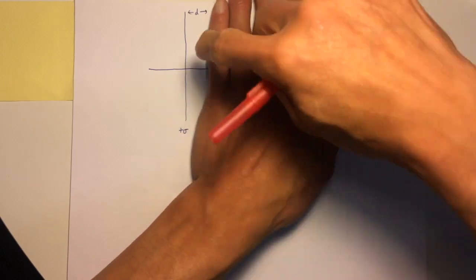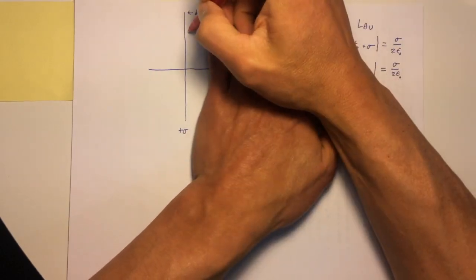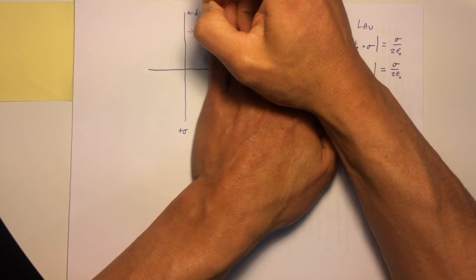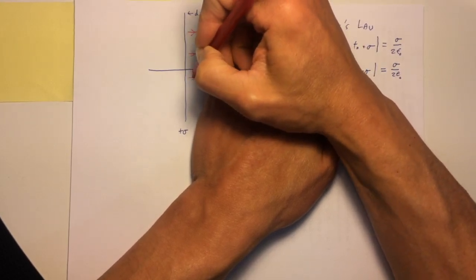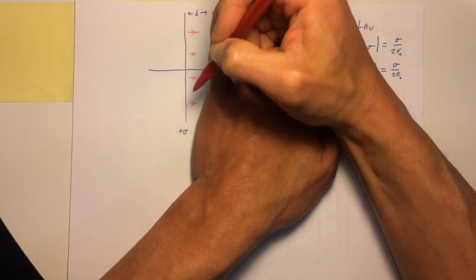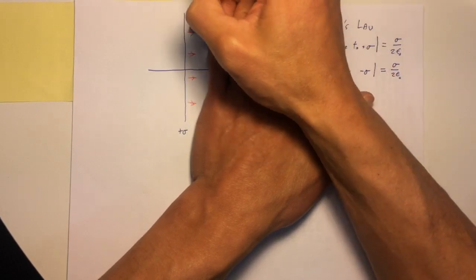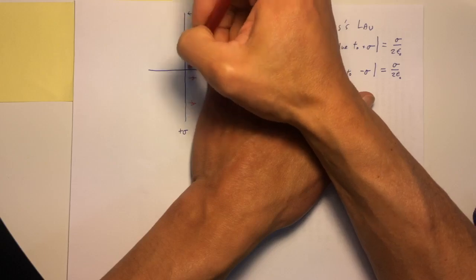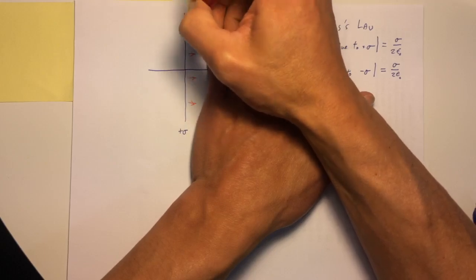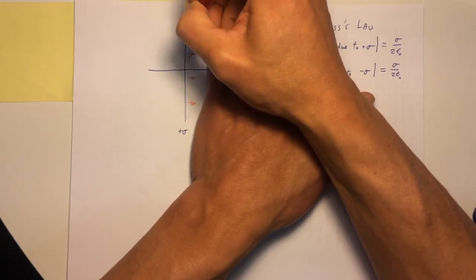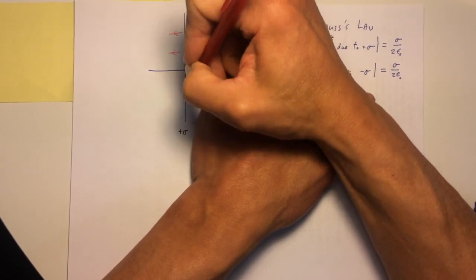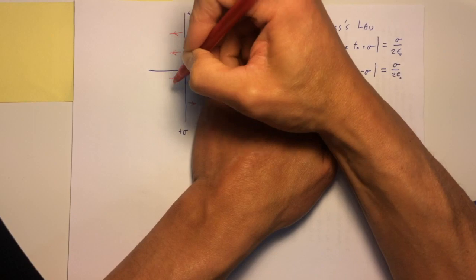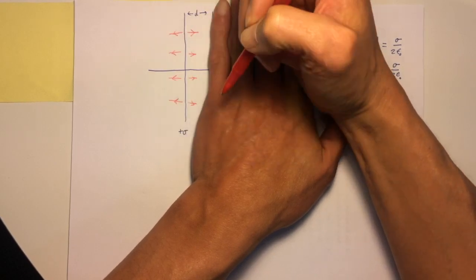If you just look at the left-hand plate, it has an electric field. The left-hand plate is positively charged, and field lines point away from positive charge, so on the right-hand side it points towards the right, but on the left-hand side it must point to the left, because this is all positive charge, and field points away from positive charge.